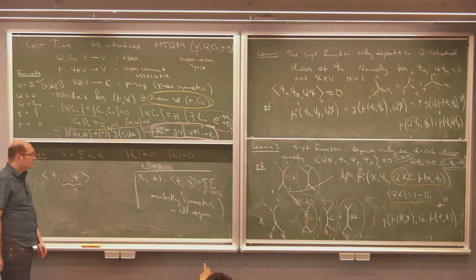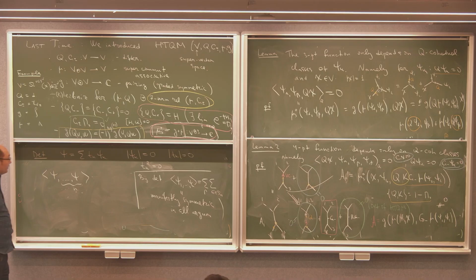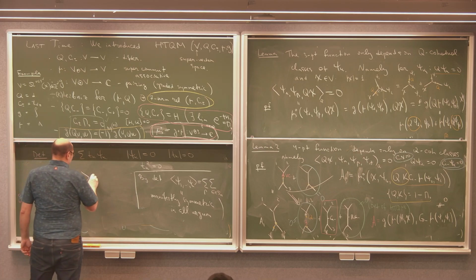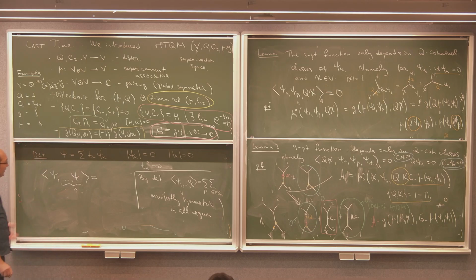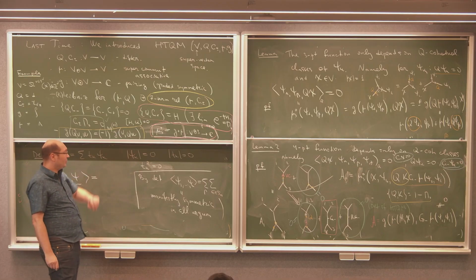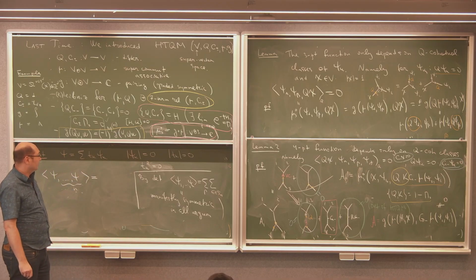Excuse me, t_k squared equal to 0 seems to be the parity is 1. No. So these are just even variables, just formal variables. It's not realized as any kind of anticommutative variable. Just for even variables, you can still assign this property.